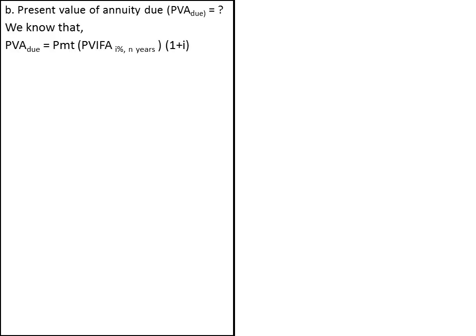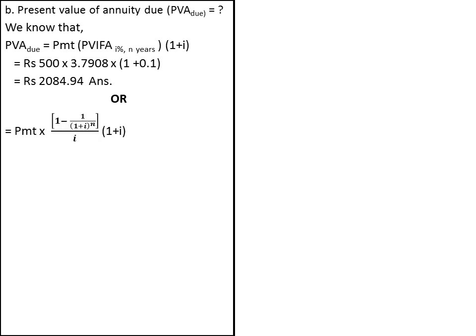It means PVA due equal to PMT into PVIFA I% N years, the same as the previous PVA, and into 1 plus I is new for due. 500 into 3.7908, that is the same, into 1 plus 0.1. Use I equal to 0.1, do not use 1 plus 10 directly. It's 10 divided by 100. So now we can get 2084.94 as the PVA due.